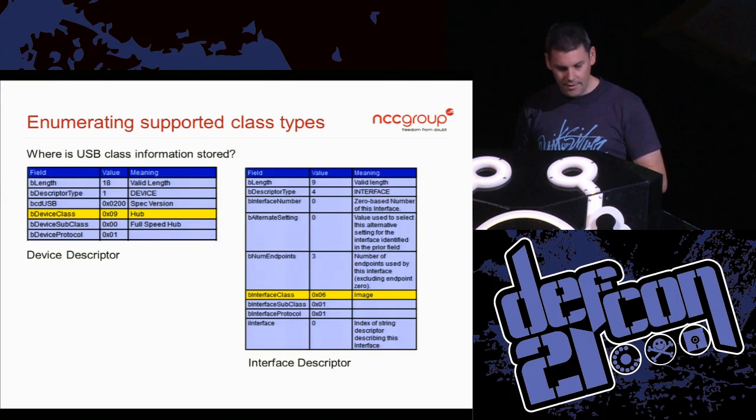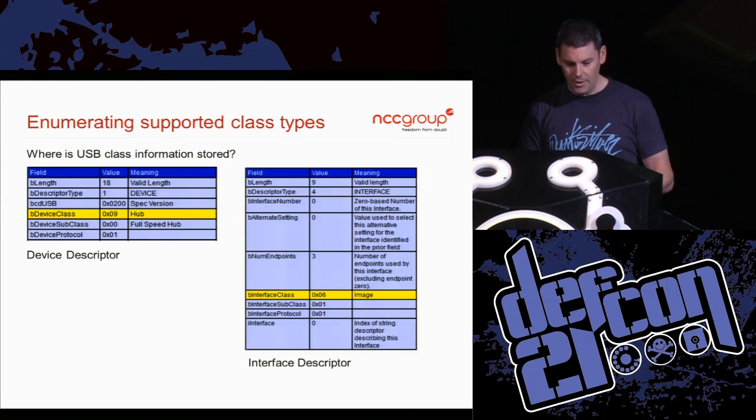So where is the information stored? Well, information about classes is stored within some of the descriptors I mentioned: within the device descriptor, and also within interface descriptors. It's normally in interface descriptors, because devices with multiple interfaces might have different classes of interface.